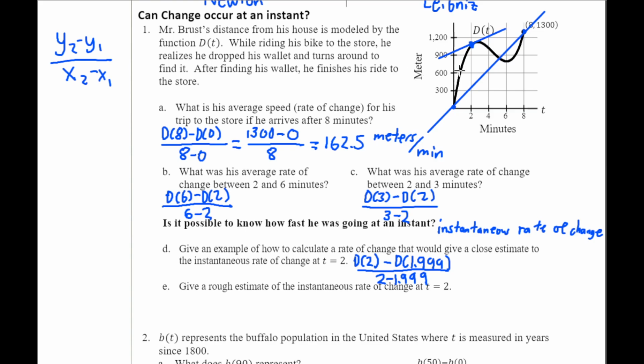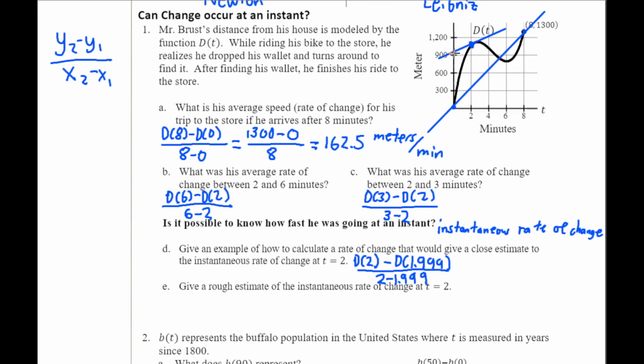Maybe roughly right there. Again, it's just an estimate. So this is a tangent line at t equals 2 because it's a line that only touches d of t at this point here when t is equal to 2. So now to get the rough estimate, we can just find the slope of this line. It's just going to be an estimate.